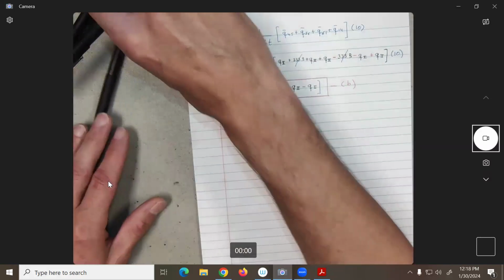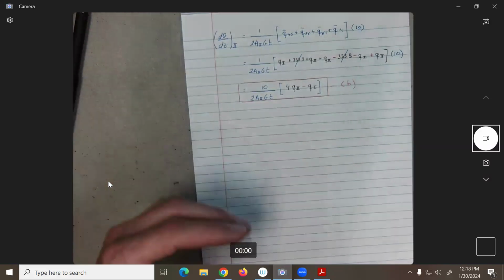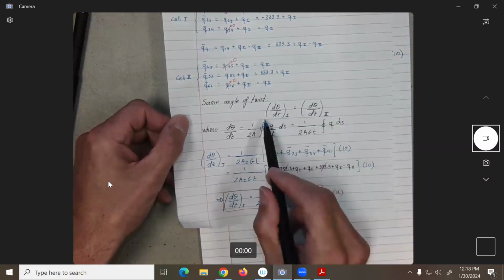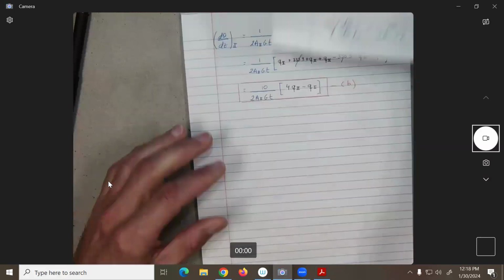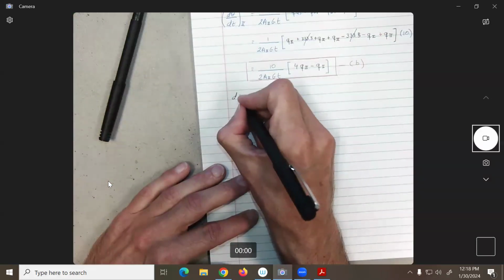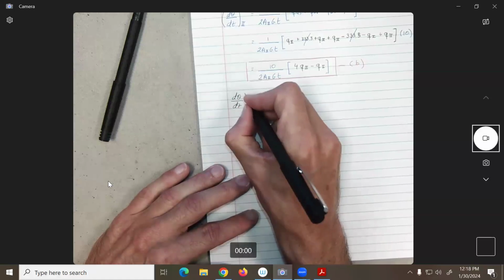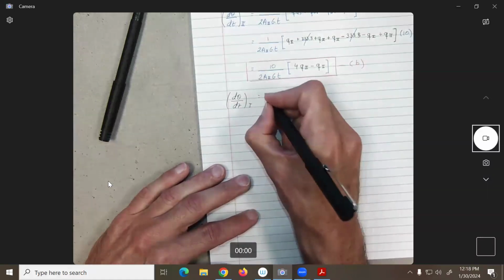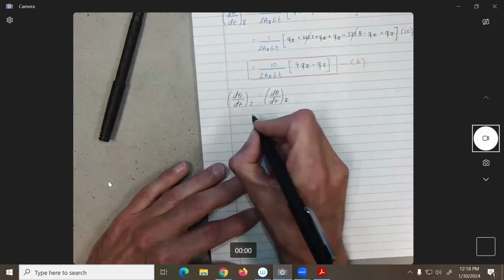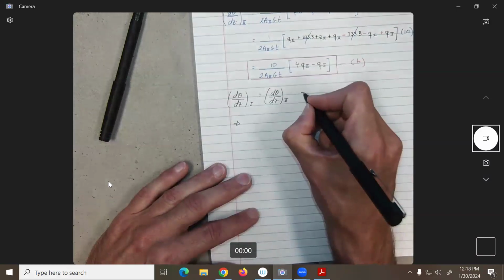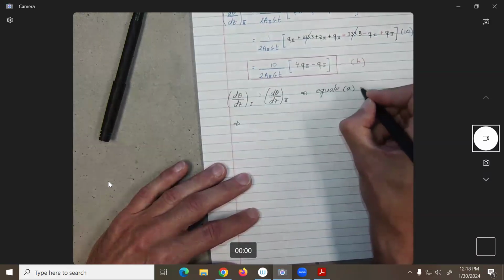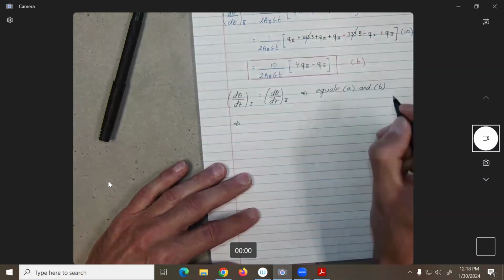B. Okay, so I remember why are we doing this stuff? Because we said that we're both going to have the same angle of deformation, no? Okay, so basically we can say d theta dz of 1 equal d theta dz of 2 means that we have the same as equating A and B, okay?